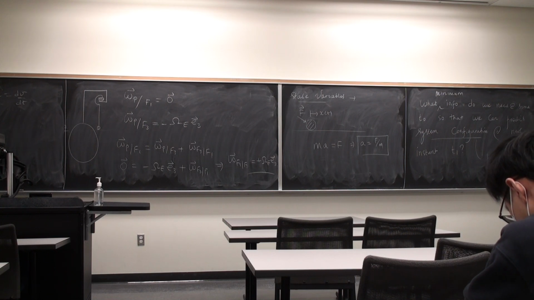So from the acceleration, dv by dt, right? So dv is a times dt. I'm going to integrate between the time t0 and t1.